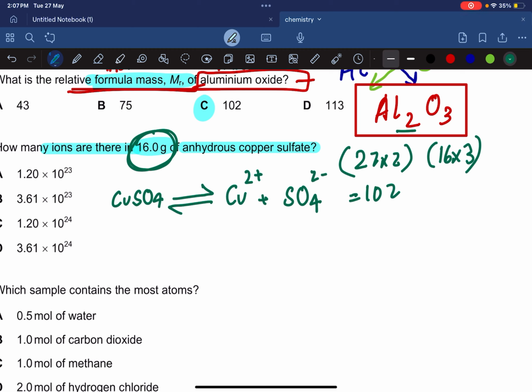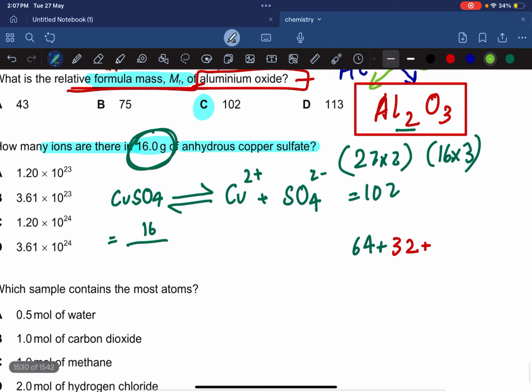Now, we have to find the moles of copper sulfate in 16 grams. Moles equals mass upon Mr. Mass is 16. Mr: copper is 64, I guess, plus sulfur is going to be 32, and plus oxygen is going to be 16, so it's going to be 16 times 4.